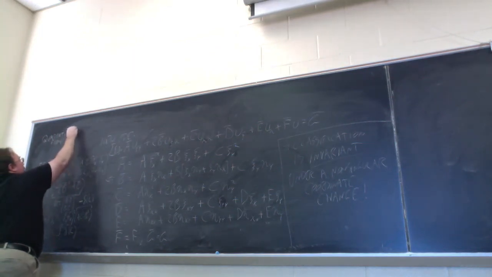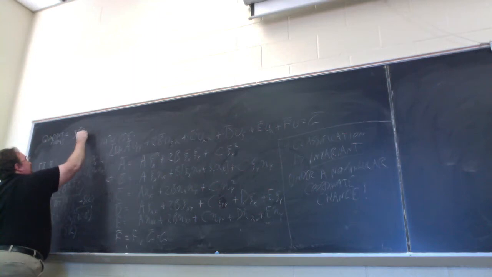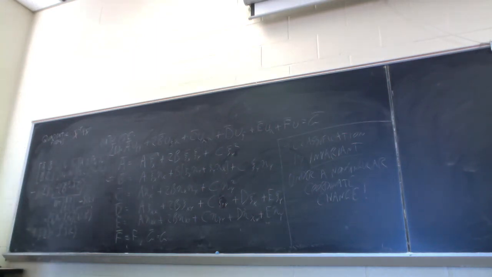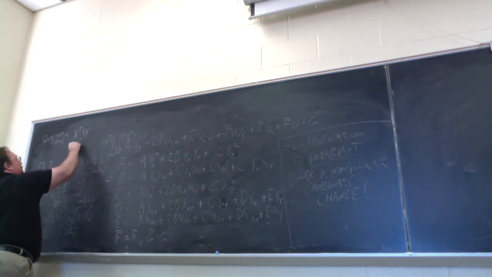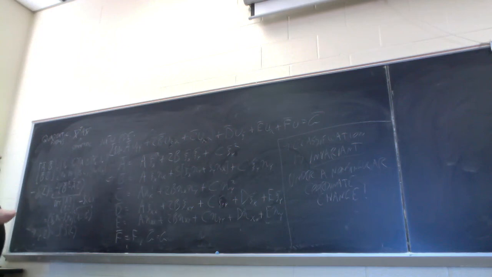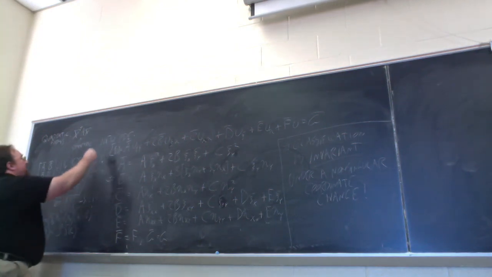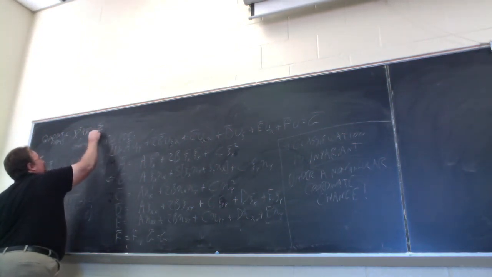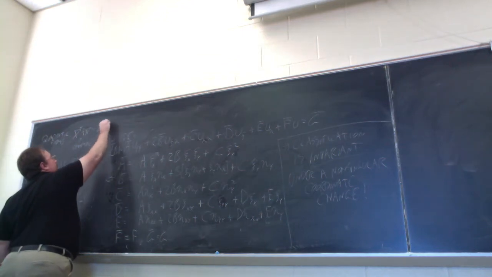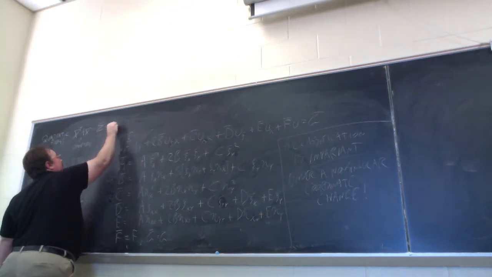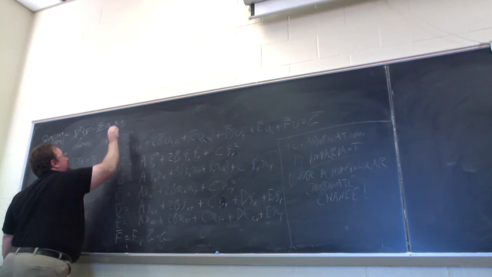If you have an expression like this, X transpose AX, where A is a symmetric matrix and X is some vector, that can be written as a sum over all indices i and j, Aij, Xi, Xj.